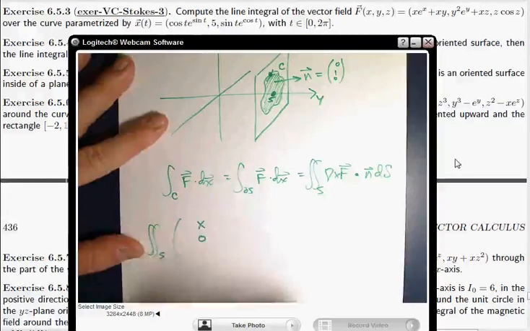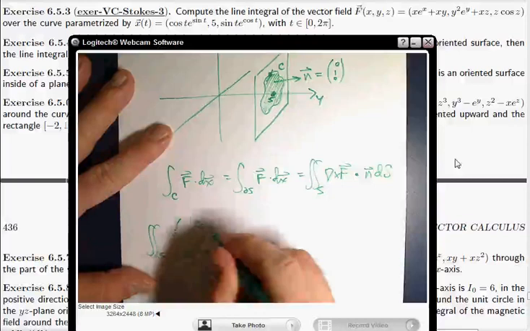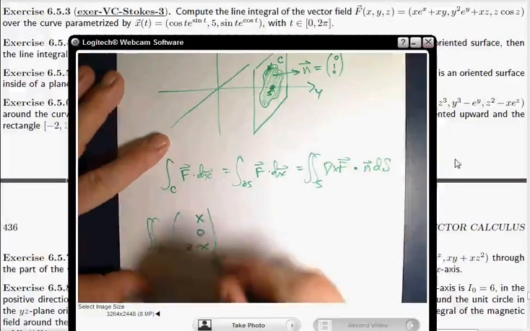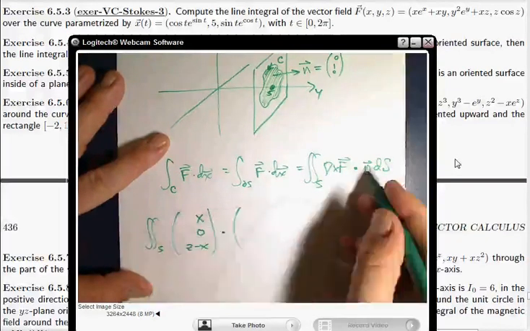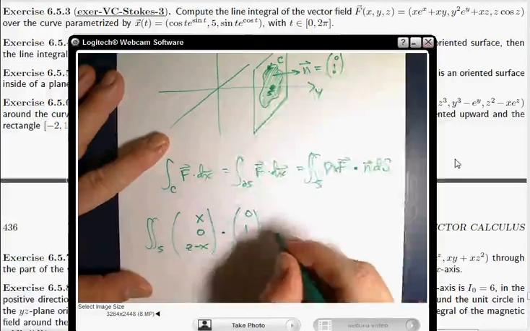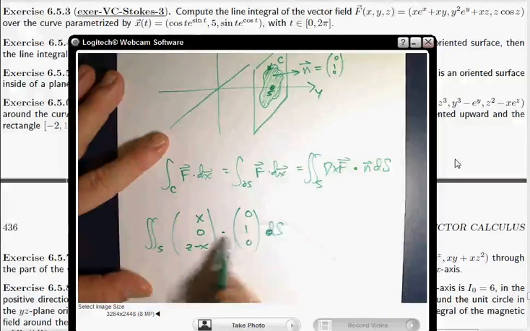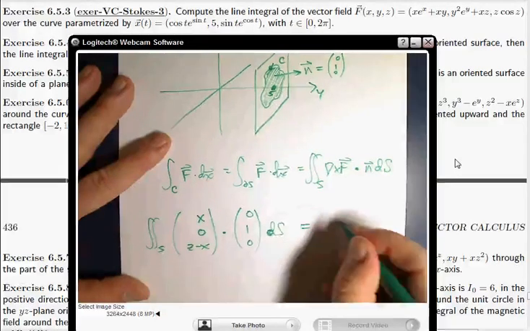And the x partial of the second component is z, minus the y partial of the first component, which is x, so I have z minus x. So there's my curl vector, dotted with my unit normal vector, 0, 1, 0, times dS. The integrand there happens to be 0, a lucky break in the algebra.